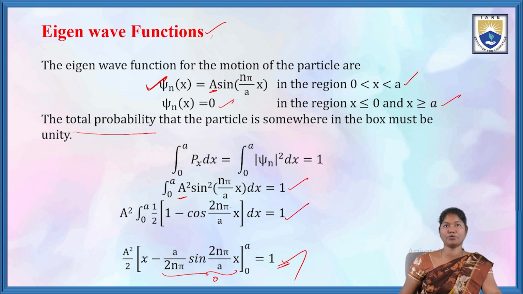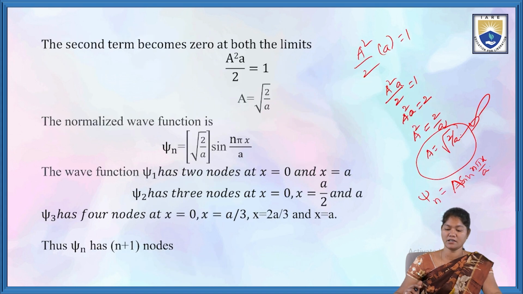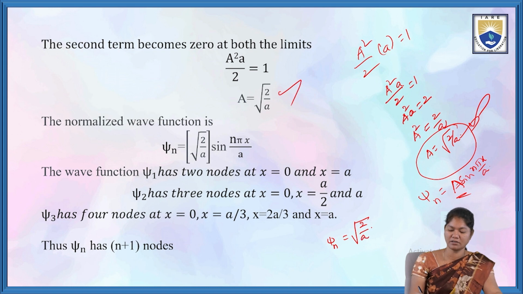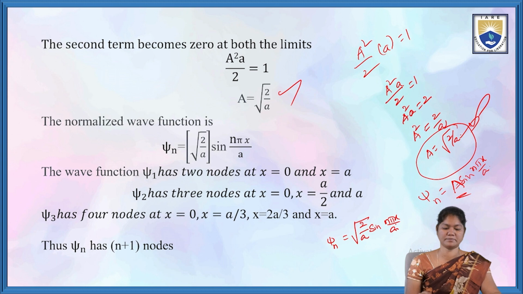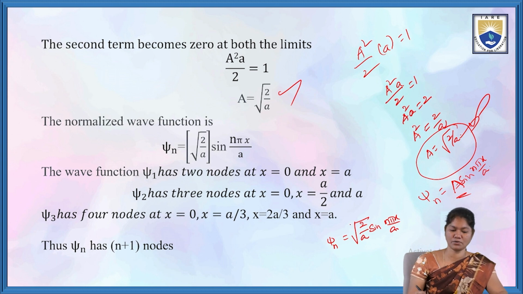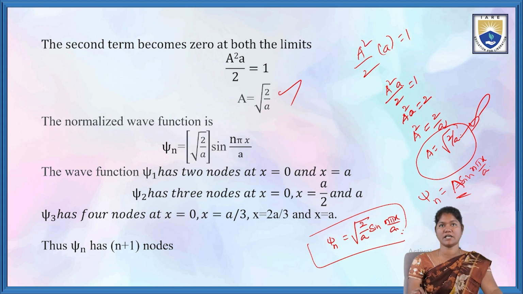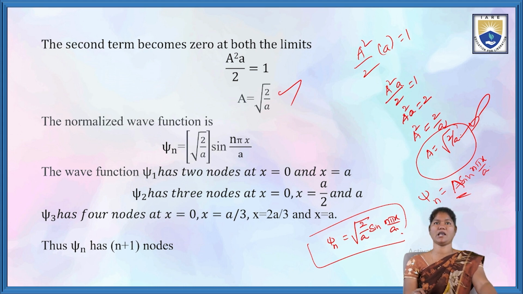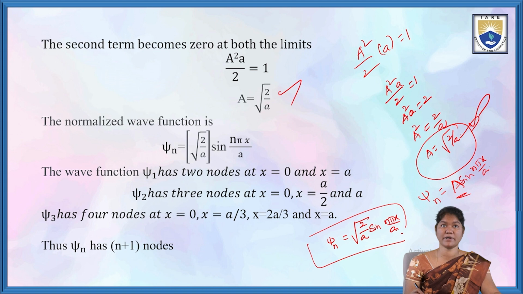So A is root 2 by a. So psi n is equal to root 2 by a sine(n pi x by a). This is the normalized wave function.